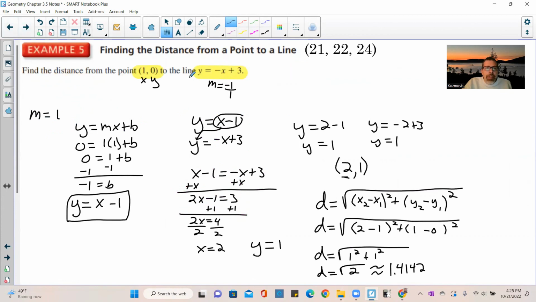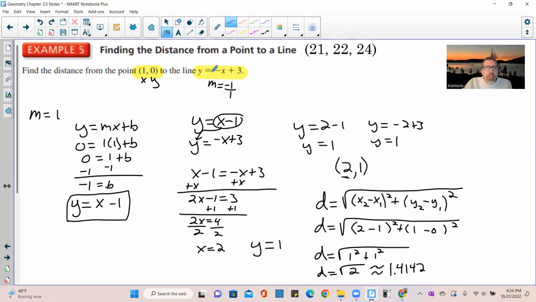Okay, so now after doing that, let's recap this. A lot happened there. So we had an x, we had a y, we knew a slope. Find the distance from a point to a line. You need the negative reciprocal because the line that the other point is on needs to be perpendicular. The shortest distance between a point and a line is its perpendicular segment. I need to find the line equation of that perpendicular.